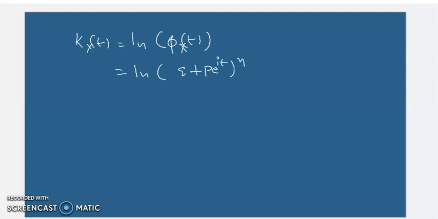Now the cumulant generating function K_X(t) is equal to the logarithm of φ_X(t). Substitute this value here: logarithm of (q plus p e^(it)) whole power n, which is the C.G.F of the given random variable X.